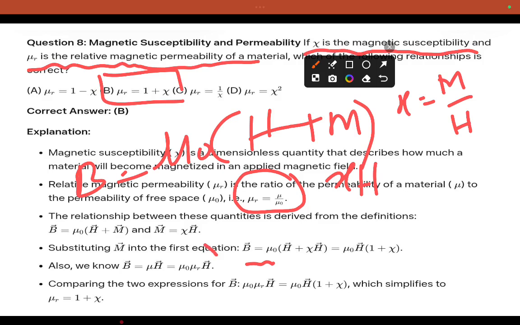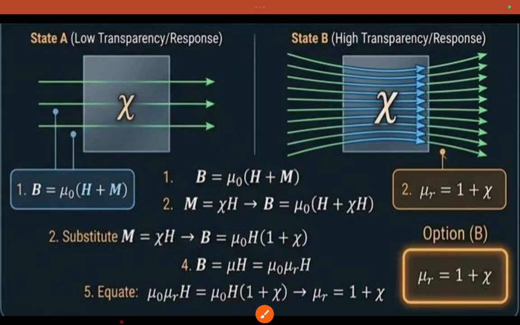With the relation B equals mu H, that is mu naught mu r H, after reshuffling we simplify as mu r equal to 1 plus chi.